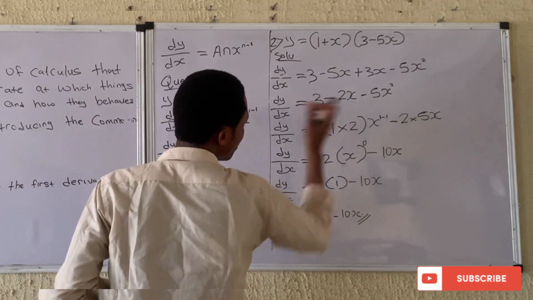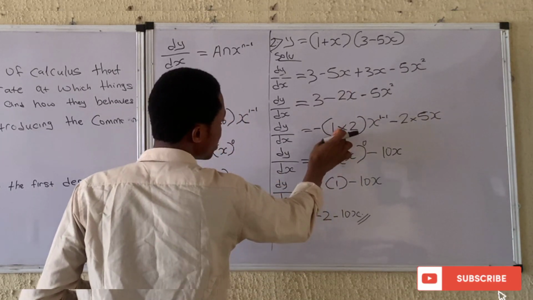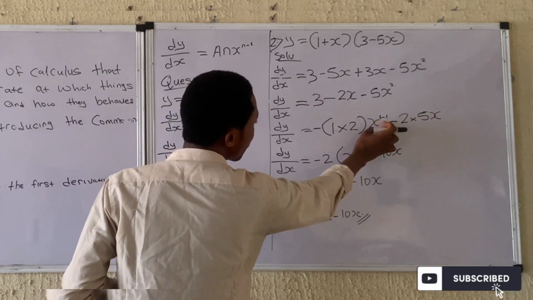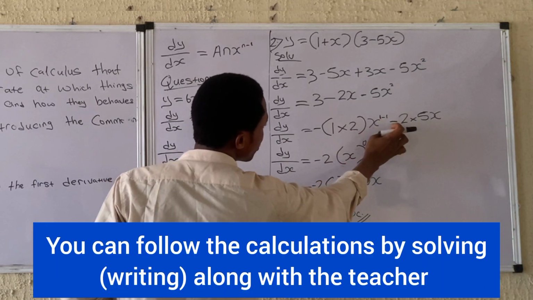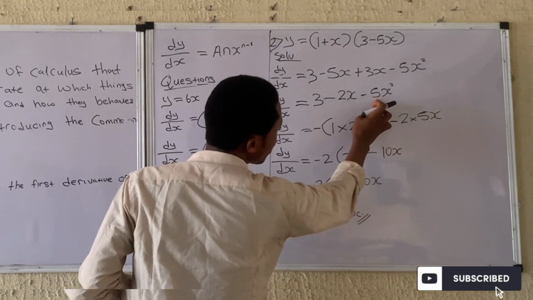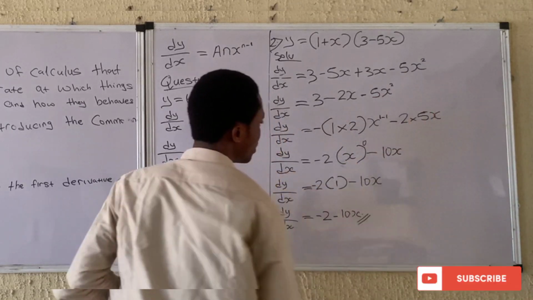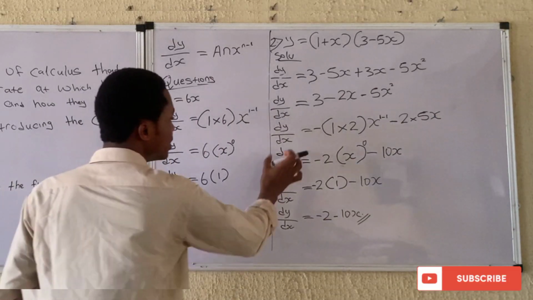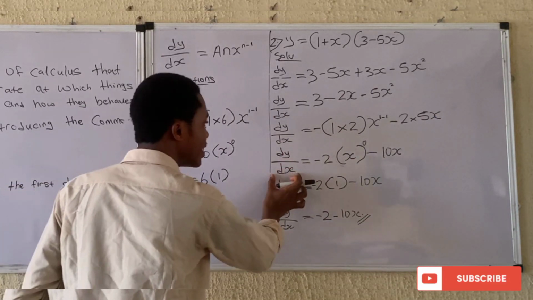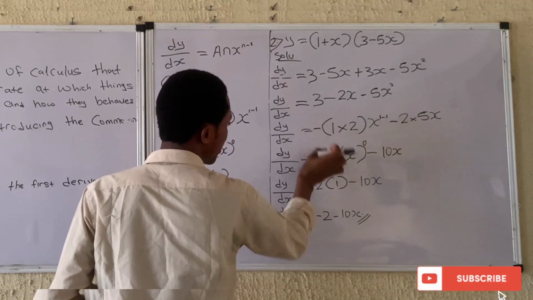So look at the power here, 1, bring it down, multiply by the constant here, and remove 1 from the power, which is 1 minus 1. Bring the power here, which is this 2, multiply by the constant here. x has a power of 1. You understand? Now, dy/dx equals 1 times 2 gives us 2, minus 2.